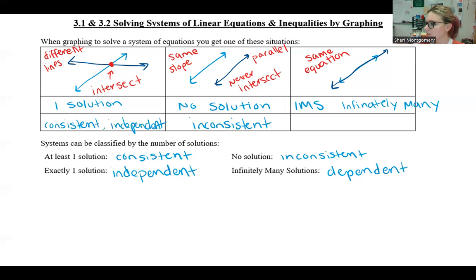Yeah, there's at least a solution, so it is consistent and it's also dependent. Does everybody have that stuff written down?